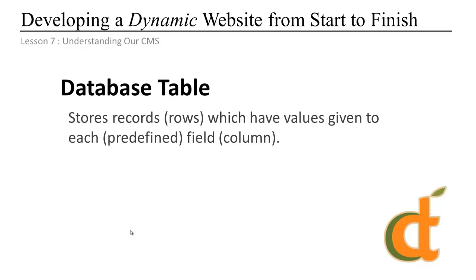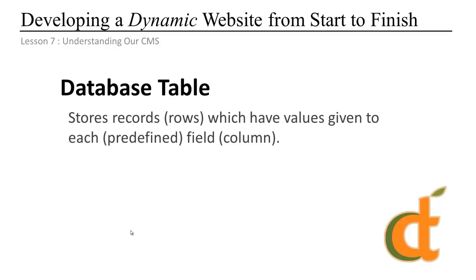So let's talk about what a database table is anyway. A database table, at its core, stores records, rows, which have been given values to each predefined field or column. And I say predefined because when we create a table, we will also create the fields or the columns.